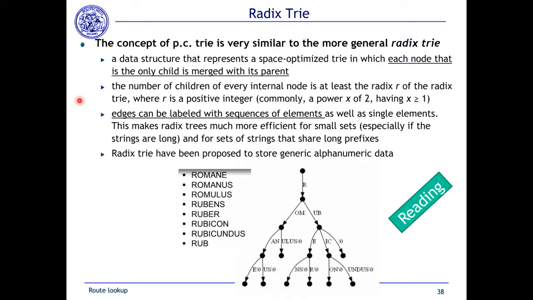In the Radix tree, each node that has only a child is merged with its parent. So if you use this representation to represent text, before compression each arc is labeled with a single letter. After compression, you can label the arcs with sequences of letters.